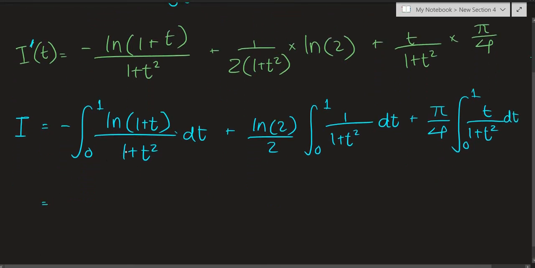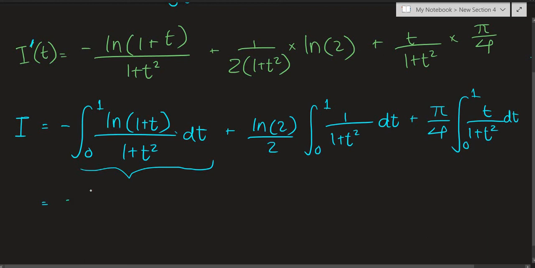And now notice that this is just our Serret's integral, or just I. It's just that instead of x we have a t, and that doesn't change the meaning of the integral, right? That's one of the properties of definite integration.